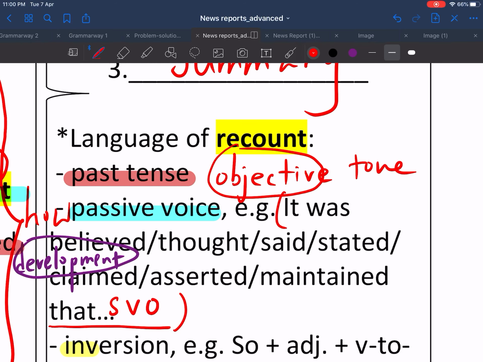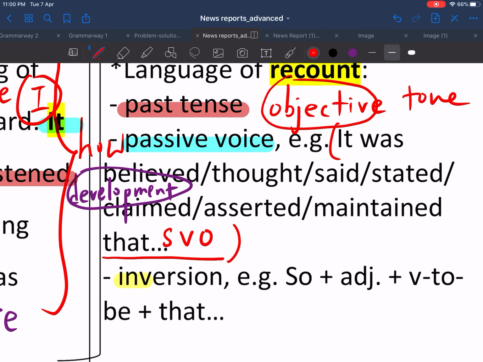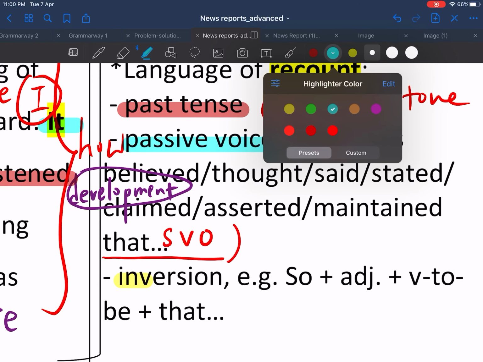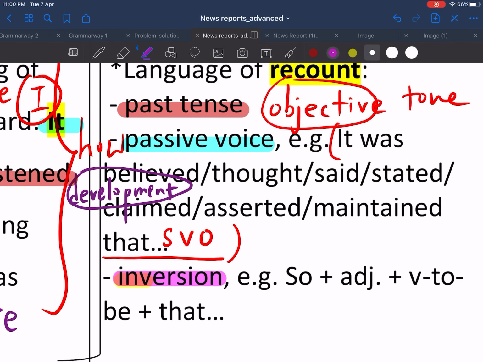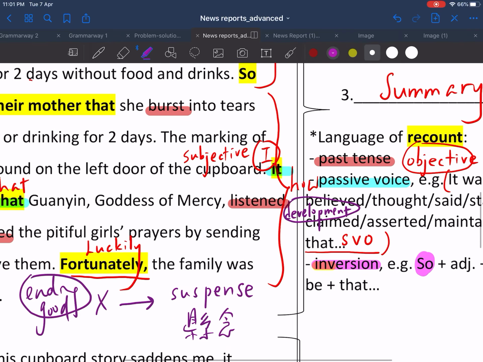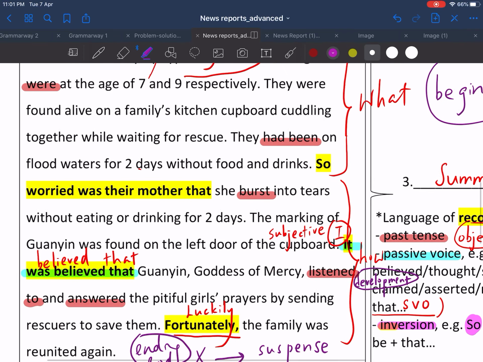Then we go to inversion. There are so many different types of inversion, and this time we look at the so type inversions. Let's look at the examples from the summary part.